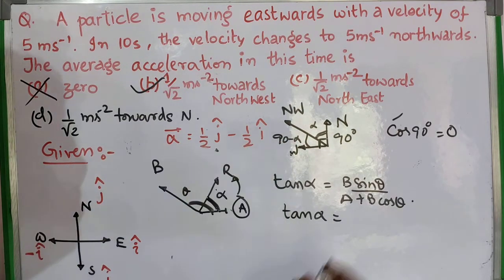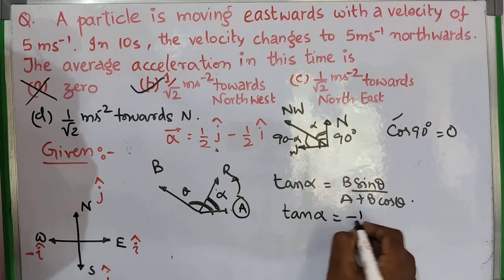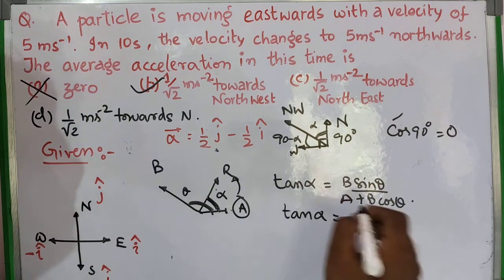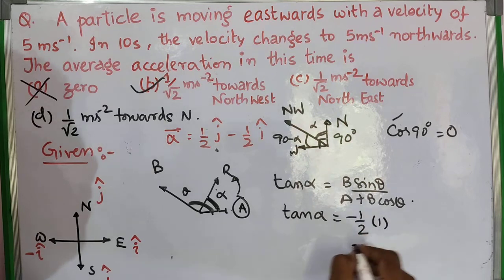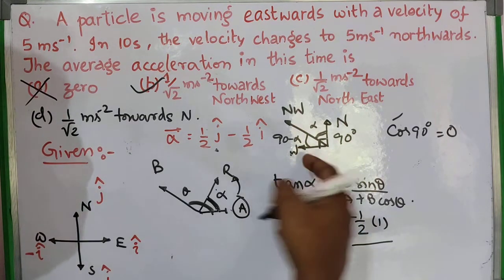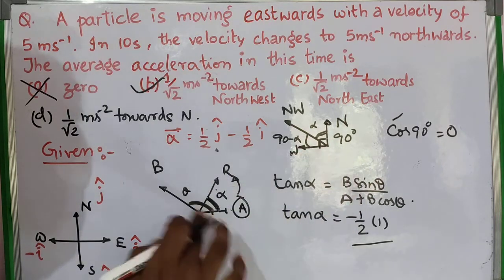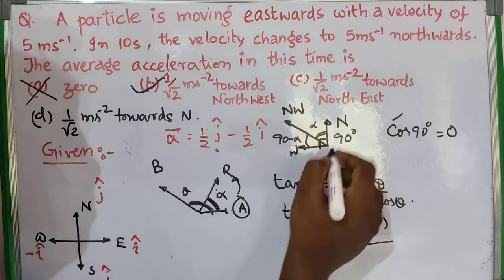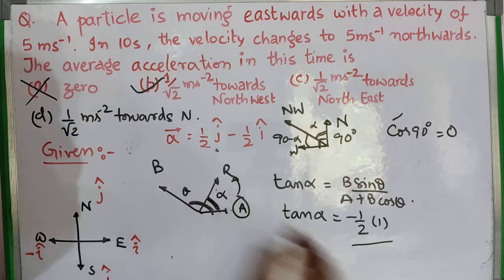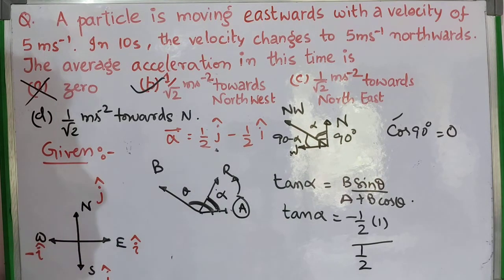What is the component along west? Minus half, sin 90, sin 90 is 1. Clear? And A here is the component which is along north. What is along north? Plus half.